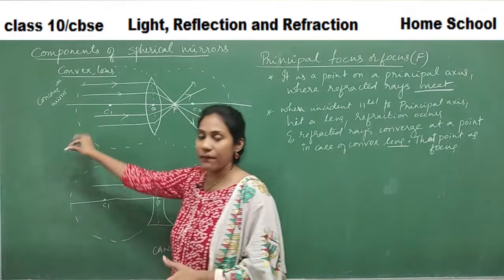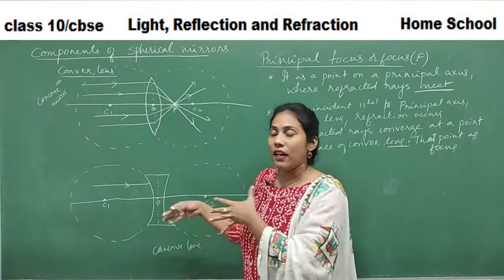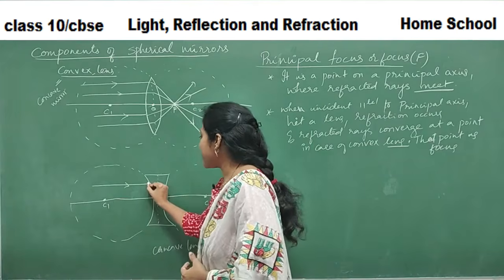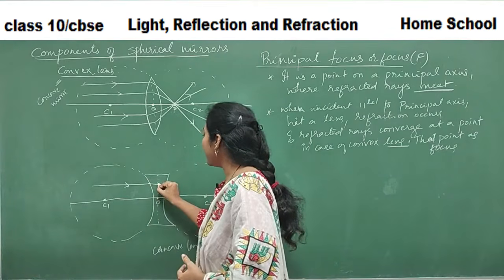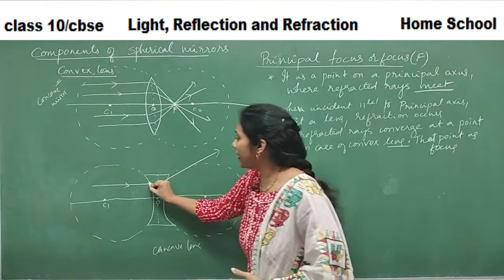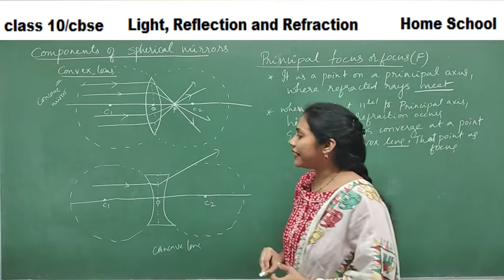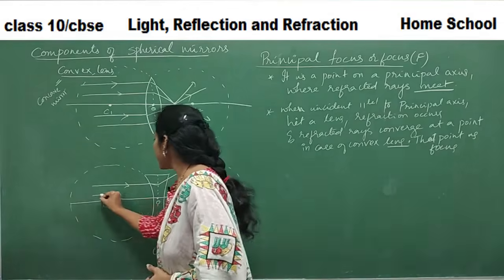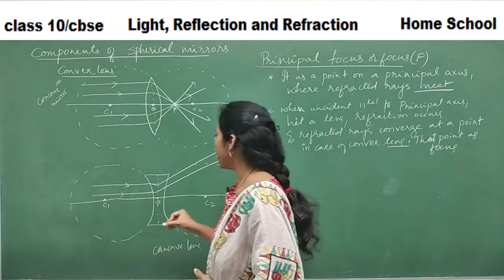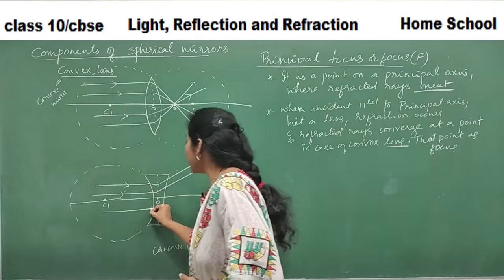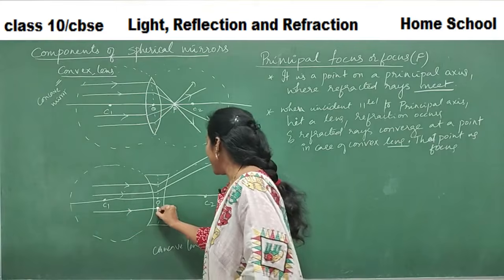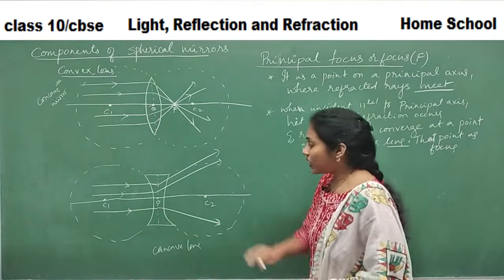The object is somewhere very far, so the incident rays are all parallel to the principal axis. This is how the refraction takes place. Bending of light is happening, but this is how the light is bending. Similarly, another ray is coming here and it also bends this way. Below the principal axis, I am taking one more parallel incident ray, and that bends downwards.